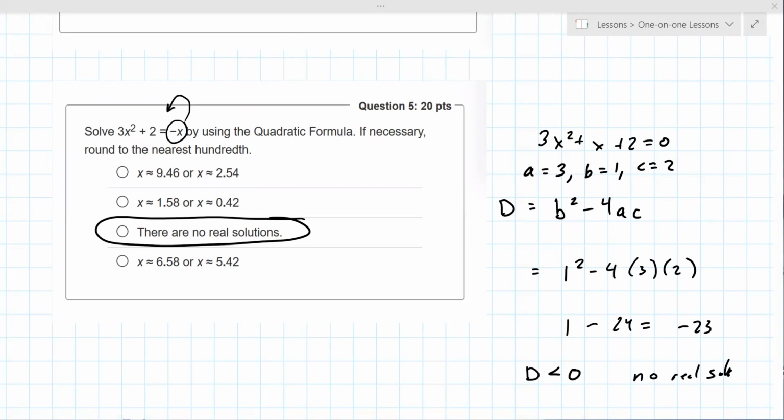I was on the y-axis instead of the x-axis. You gave me the bottom point, the vertex, and where it crosses the y-axis, but this does not cross. Okay. All right.